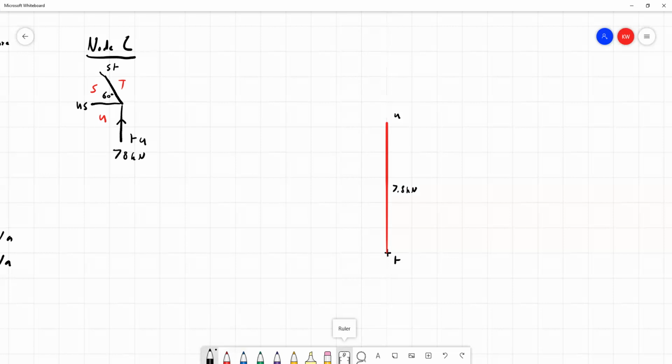The next stages in Bow's notation have us join our other two vectors at the ends of our first vector where they match. So the vector US will run through point U, and the vector ST will run through point T, and they'll both cross over and meet at some point. So what we know about the vector US, if we want to begin with that, is I'll indicate the direction of our travel here with a little arrow just now.